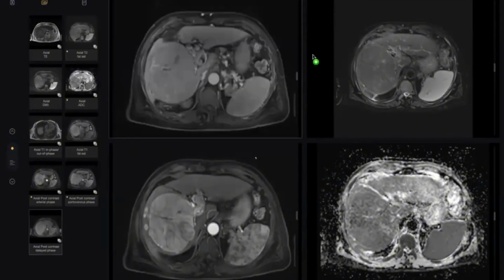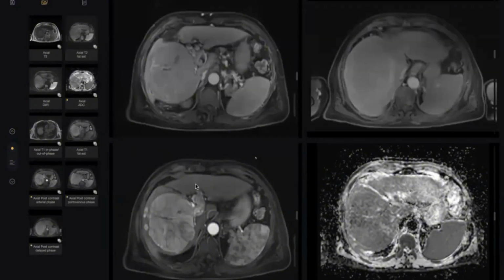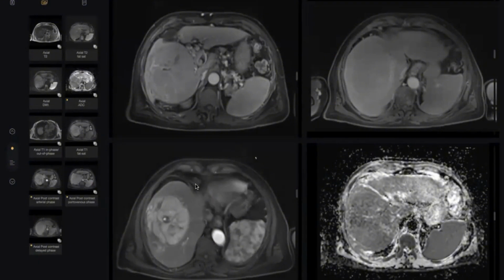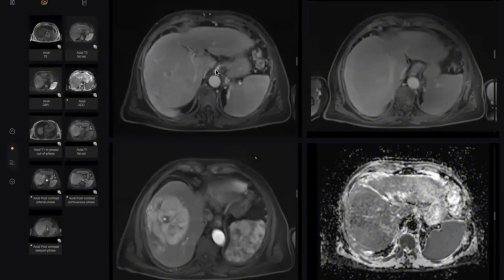The contrast in HCC should show hyper enhancement in the arterial phase, but in the portovenous phase it should show good washout, so we should see this lesion more and more hypo enhanced than the rest of the parenchyma.